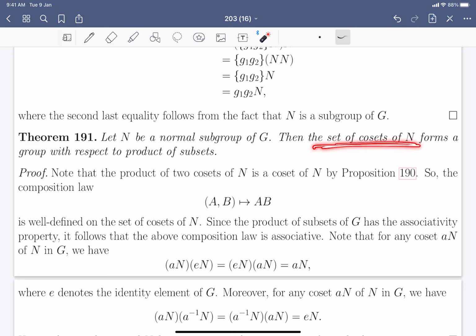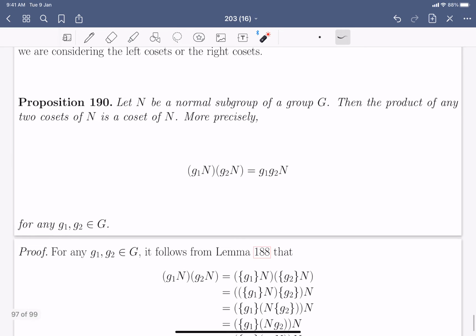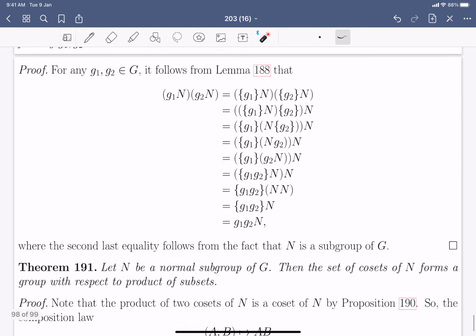So if you take the set of all left cosets of N, then that set forms a group with respect to the product of subsets that you have introduced just a while ago. We have just established in this proposition that if you take the product of two left cosets, we end up obtaining a left coset.